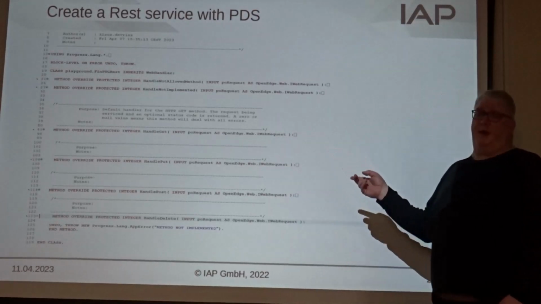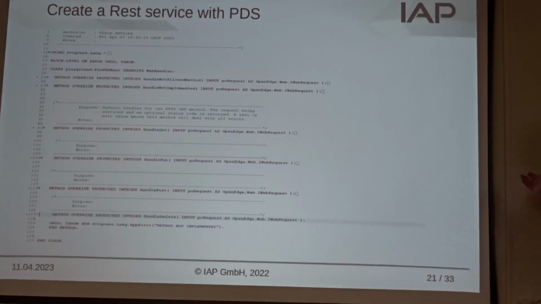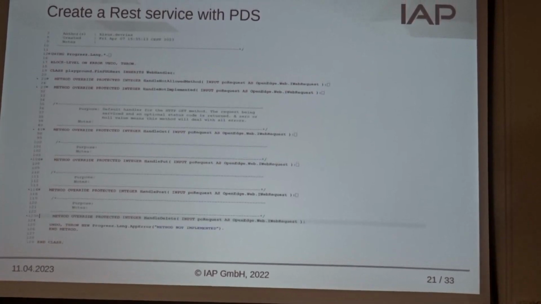What I have prepared for today is to handle the get request. A get request means that the REST interface asks for data. Data can be text, can be a JSON file, and data can also be binary like a PDF.